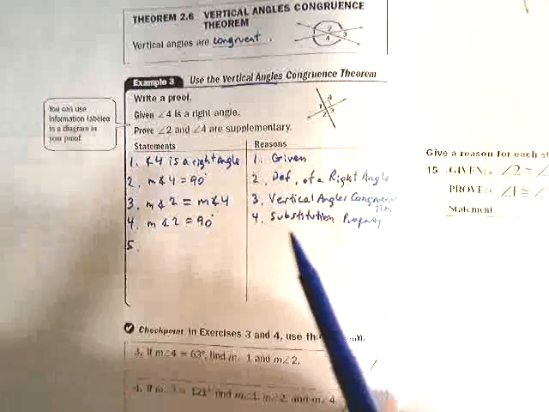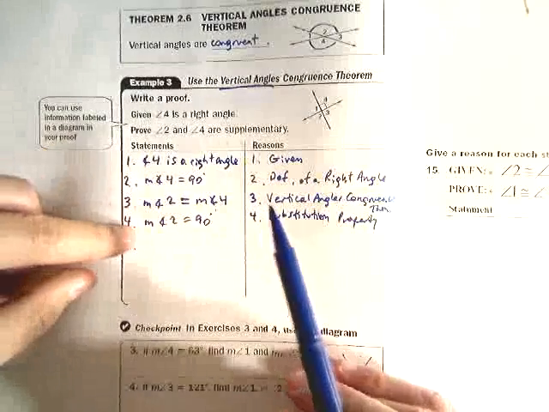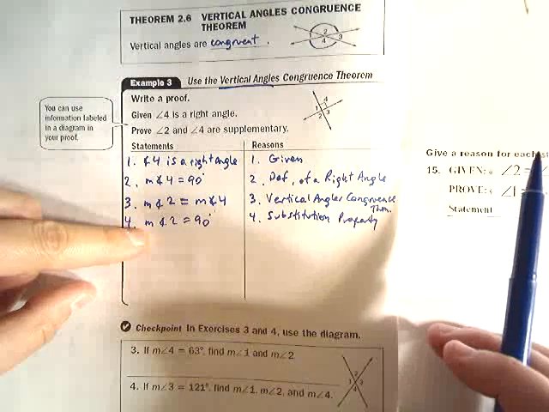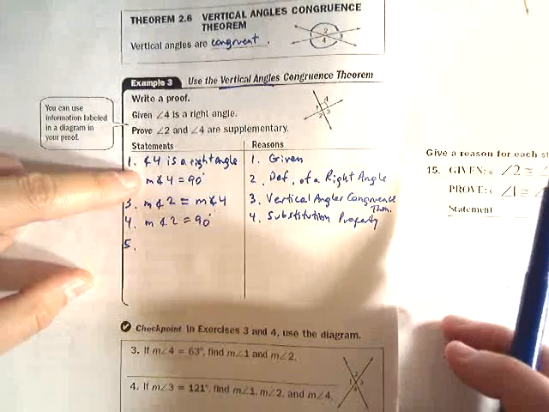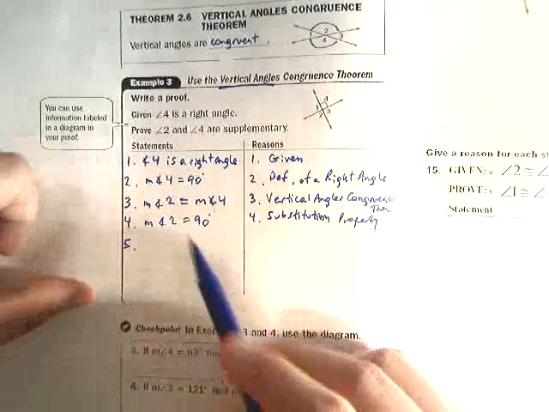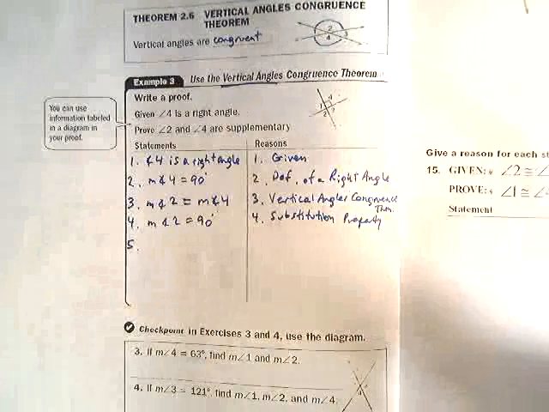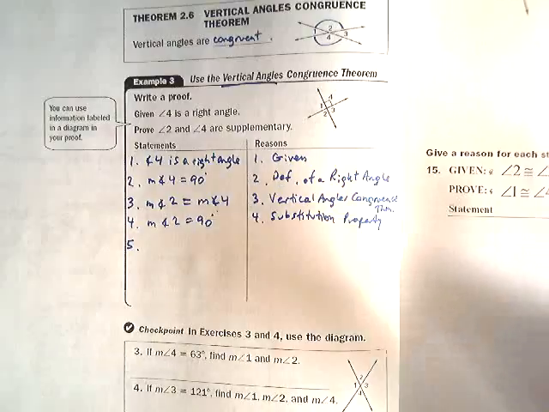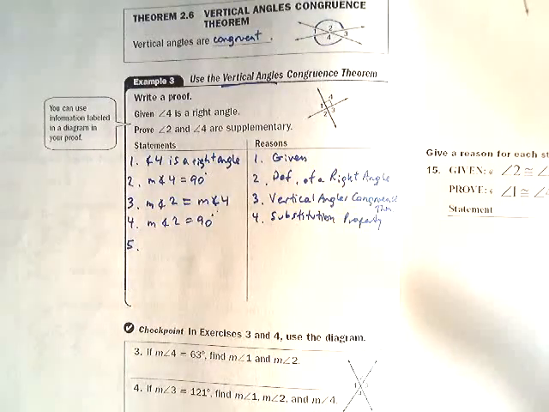Okay, so at this point I know that the measure of angle 2 equals 90 degrees and the measure of angle 4 equals 90 degrees. So I know that because 90 plus 90 equals 180, they must be supplementary.